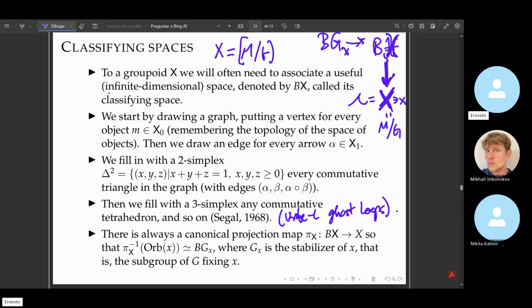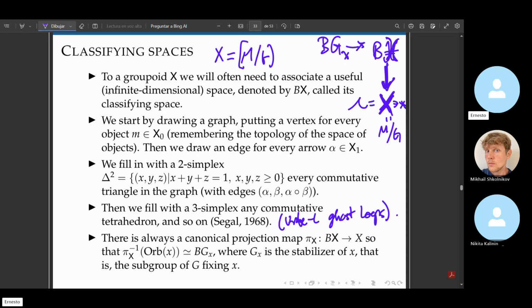And the fibers change from point to point very much so, because the fiber of every point is a classifying space of the group stabilizing X. This is quite clear, actually. I don't think it's hard to prove.